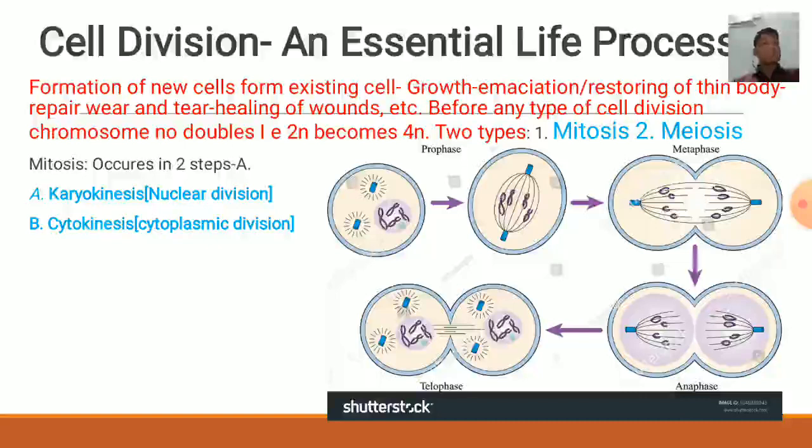In a multicellular organism, a grown-up emaciated body can be restored. There are two types of cell division, mitosis and meiosis. Mitosis occurs in somatic cells and stem cells of the body, whereas meiosis occurs in germ cells.